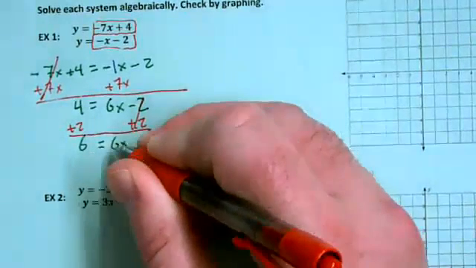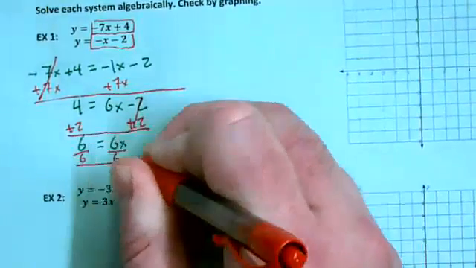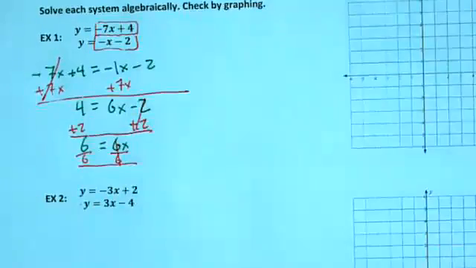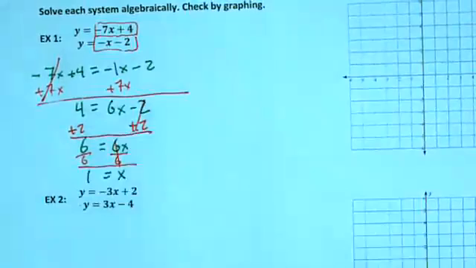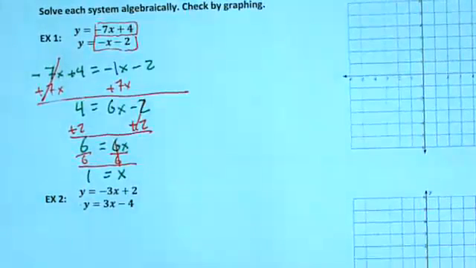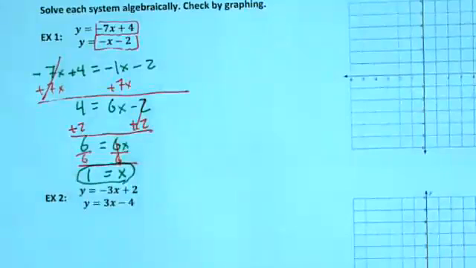And now we can divide to get rid of that 6. That gives us half of our answer. Hooray!